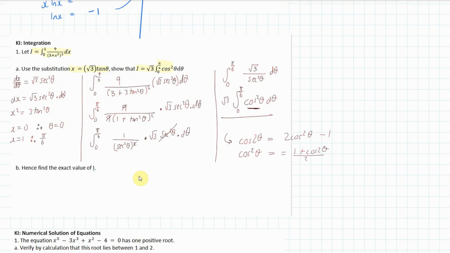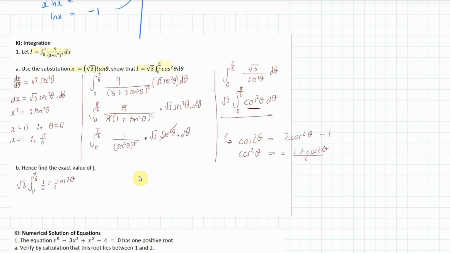So what we're trying to do is go square root 3 and then integrate between pi over 6 and 0 of 1 plus cosine 2 theta, all over 2. We could probably just take the 1/2 out as a factor.